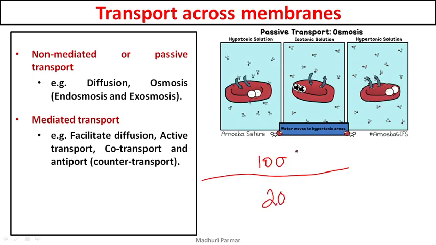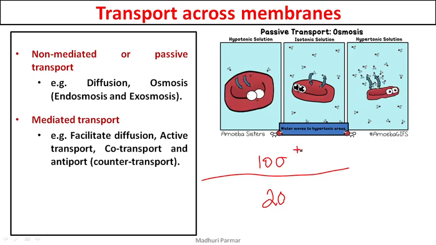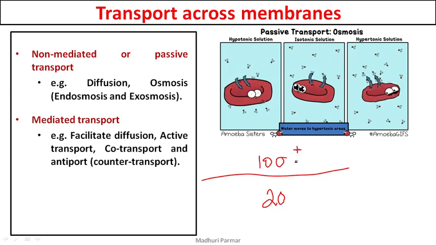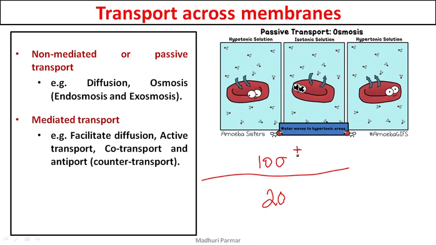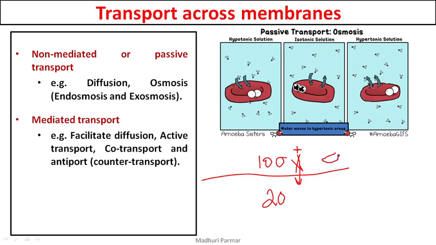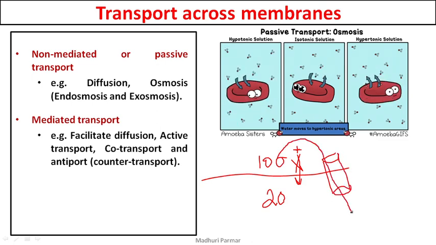But because glucose molecules are polar, polar molecules cannot cross the cell membrane, because the cell membrane is not polar in between. So you require some channel protein through which these polar molecules can move in.